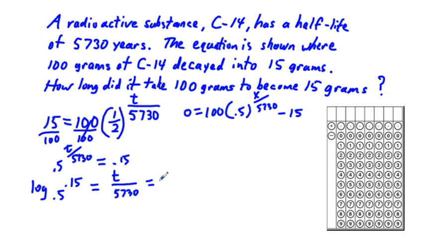I'm just going to write t is equal to 5730 times log base 0.5 of 0.15. And you can use change of base of logarithms. A lot of different ways you can do this. Let me go ahead and use the calculator to show you what it is.